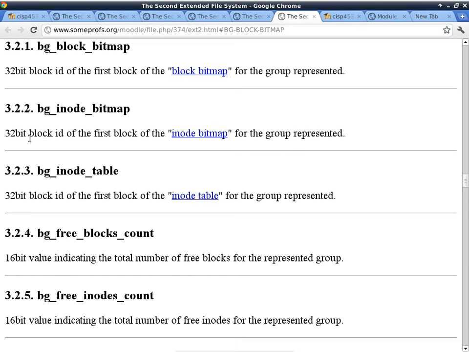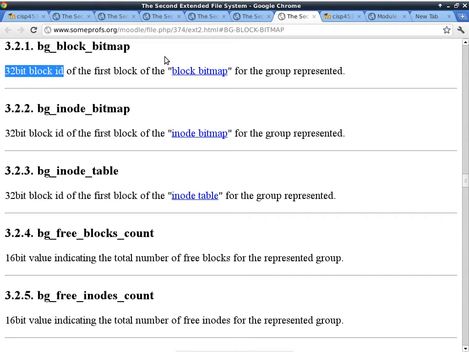And then the second one is also a 32-bit block ID. Whenever you see block ID, it's kind of an address, but it is counting in number of blocks. And by the way, what is the block size of our example? 4096 bytes. So whatever this number is, how do you get to the actual offset in the file system?